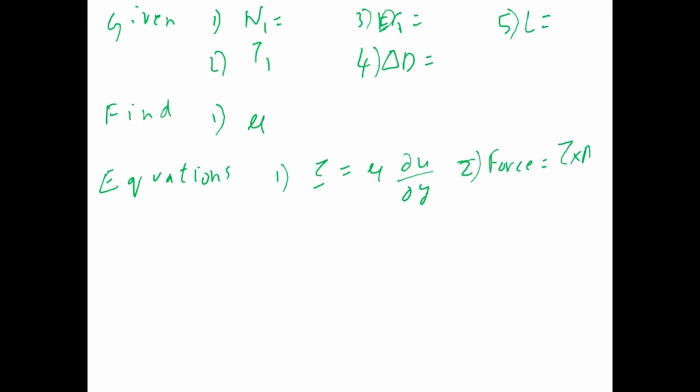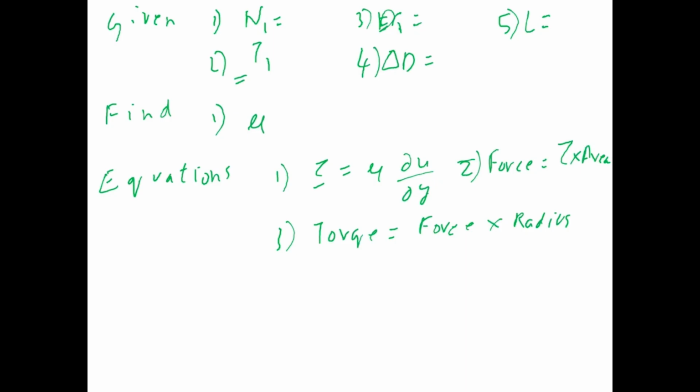Stress times area is force, right? And can anybody guess how you find torque? The reason is that torque is given instead of force. If you know force, torque is just force times the moment arm, or in this case the radius about which the rotation happens.